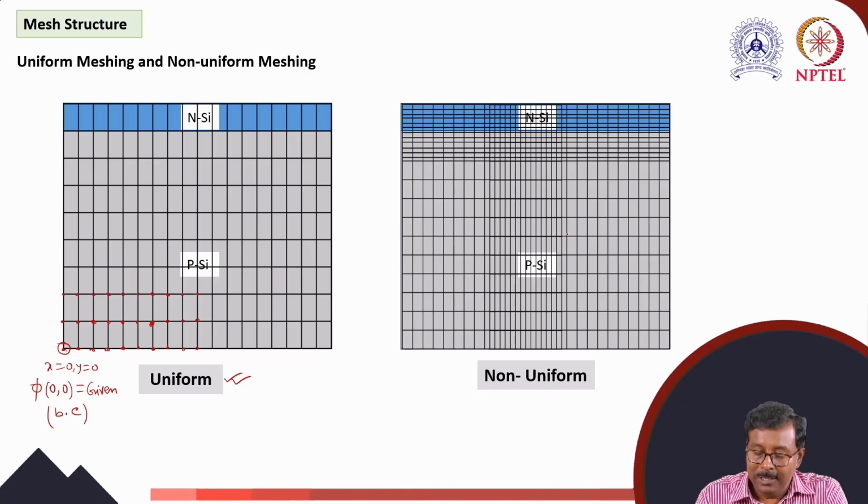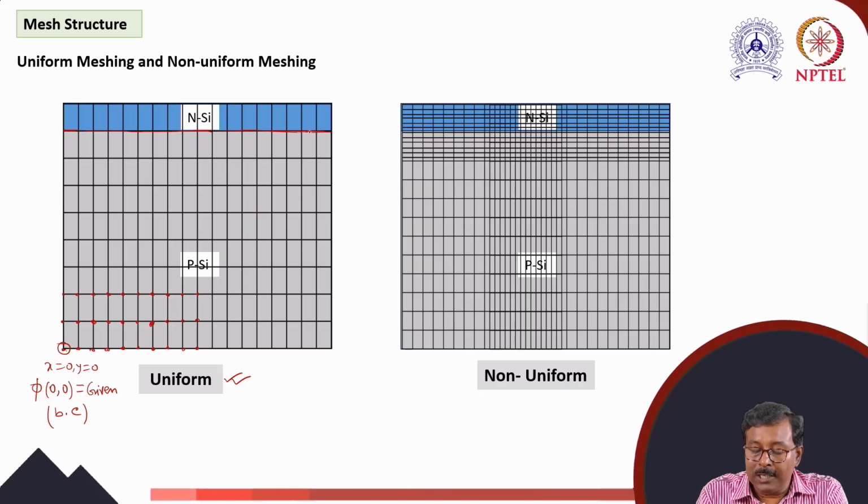That means the physics in the bulk portion almost remains the same. But near the junction there is a sudden change because the electric field will change, and the potential will also be of a different nature from the bulk.